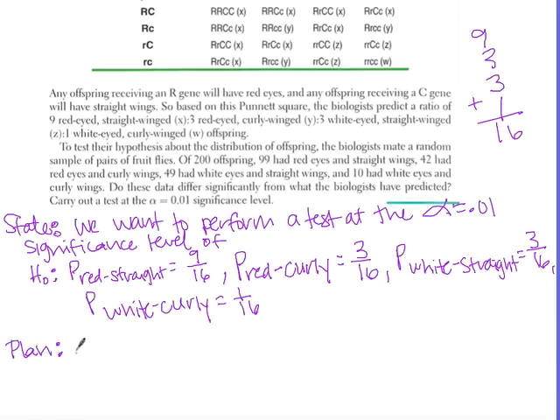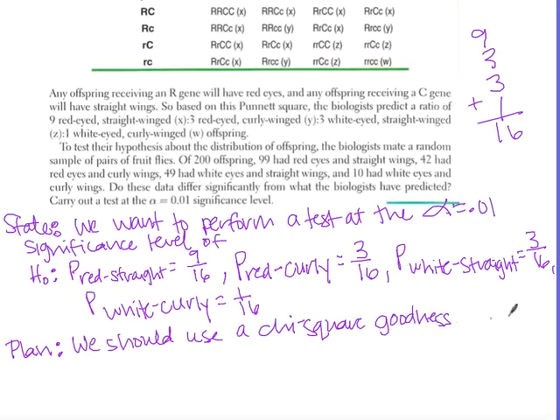The plan. So we should use a chi-square goodness of fit test if the conditions are met.